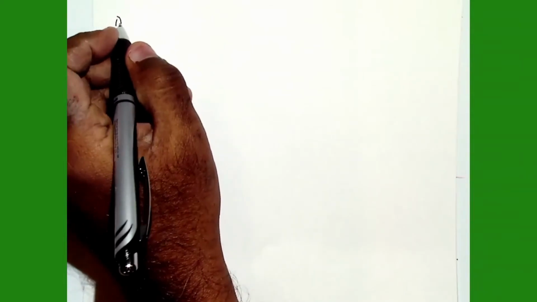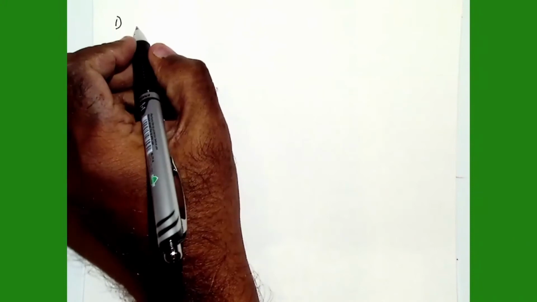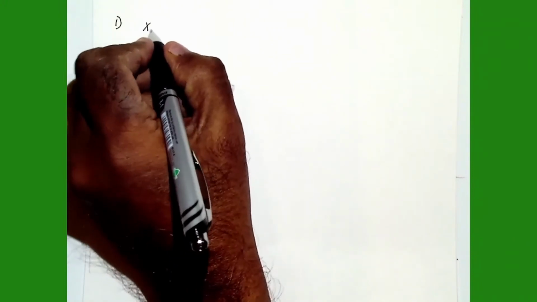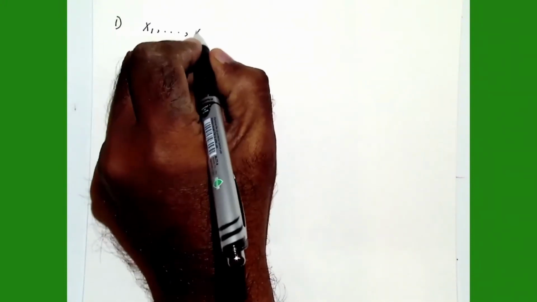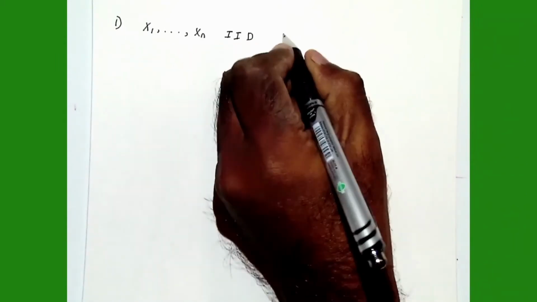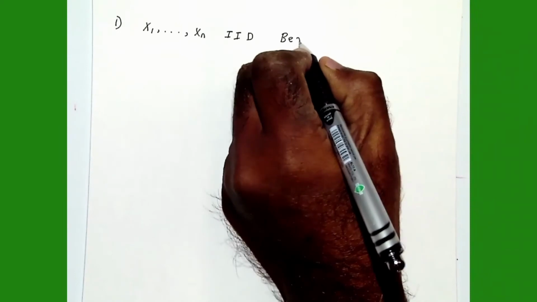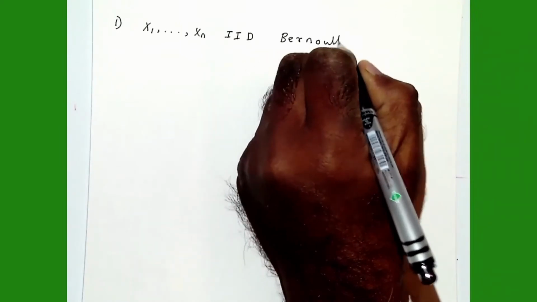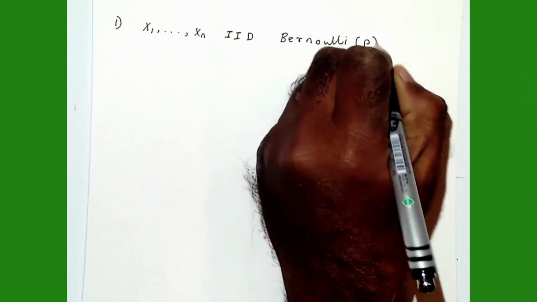So question 1 says that you have a random sample x1 to xn, IID, Bernoulli distributed with parameter p.